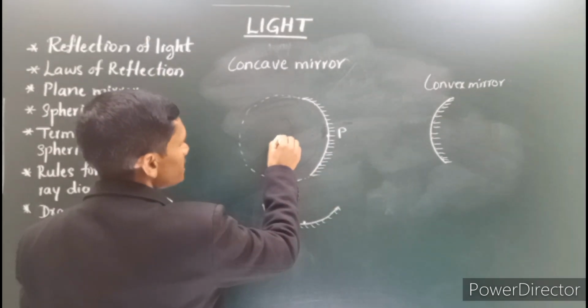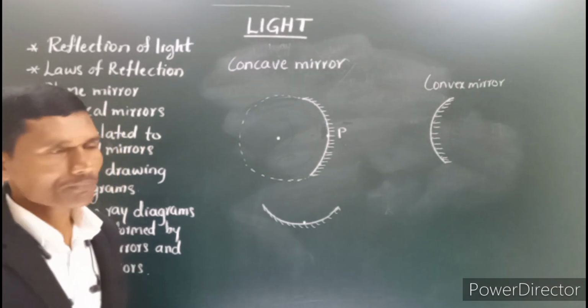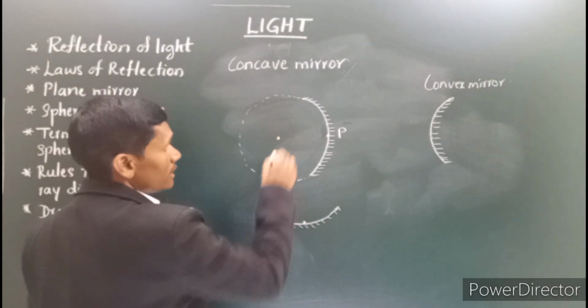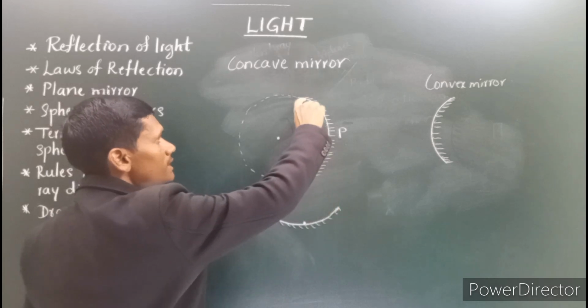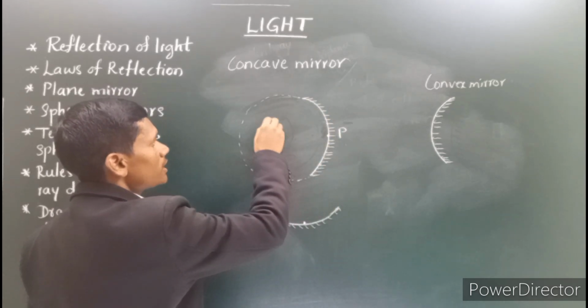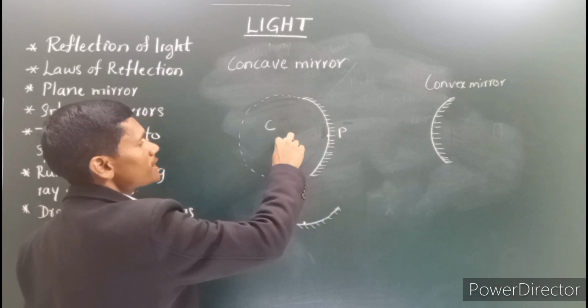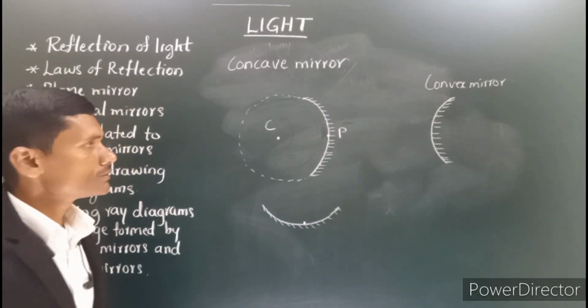Now this sphere has a center or not? This has a center. Okay. This center is called the center of curvature. This is the curve. Okay, this is the center of this curve. So that is why this is called the center of curvature of that concave mirror, we can say here.